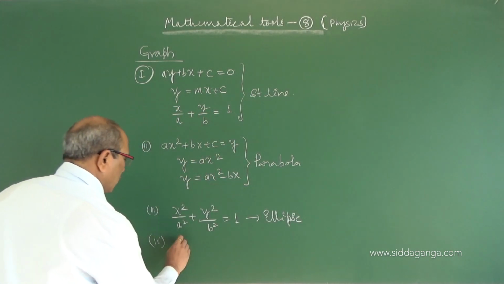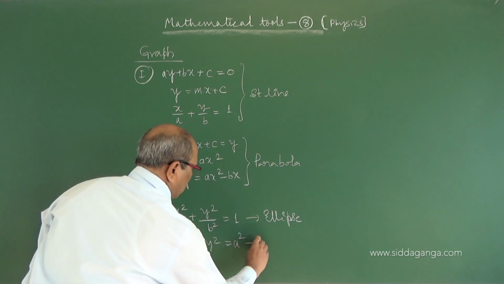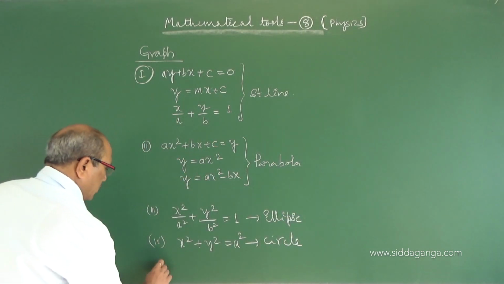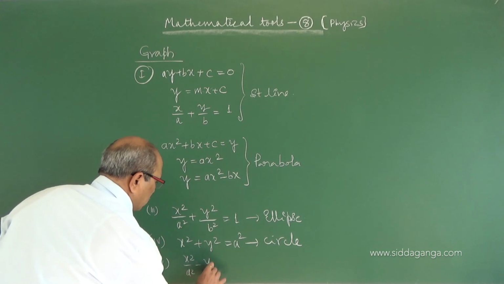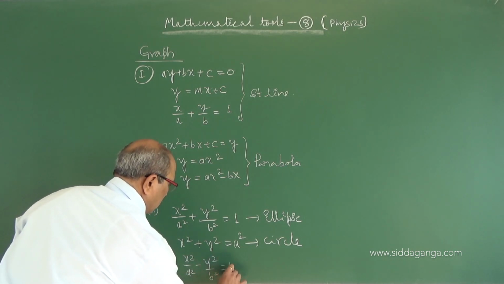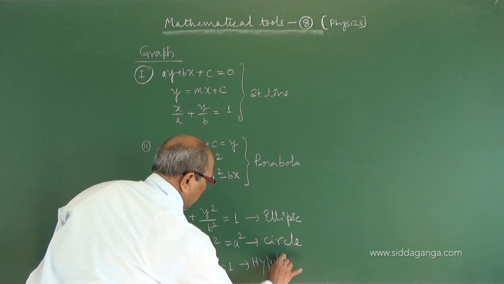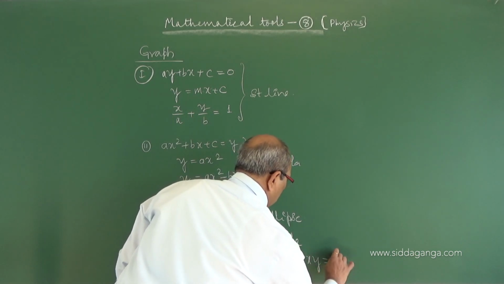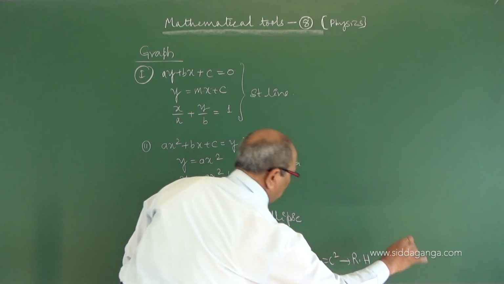Fourth, x square plus y square equal to a square leads to a circle. Again, x square by a square minus y square by b square equal to 1 is a hyperbola, and xy equal to c square is the equation for a rectangular hyperbola.